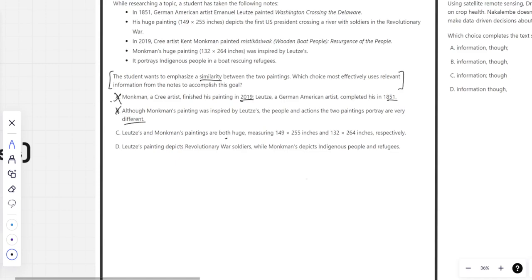If we say C, they are both huge, that's definitely showing a comparison, so C would be the best choice here. And D is, again, showing a difference. Really, the only one that shows a similarity is C, and you can see that in the notes as well.